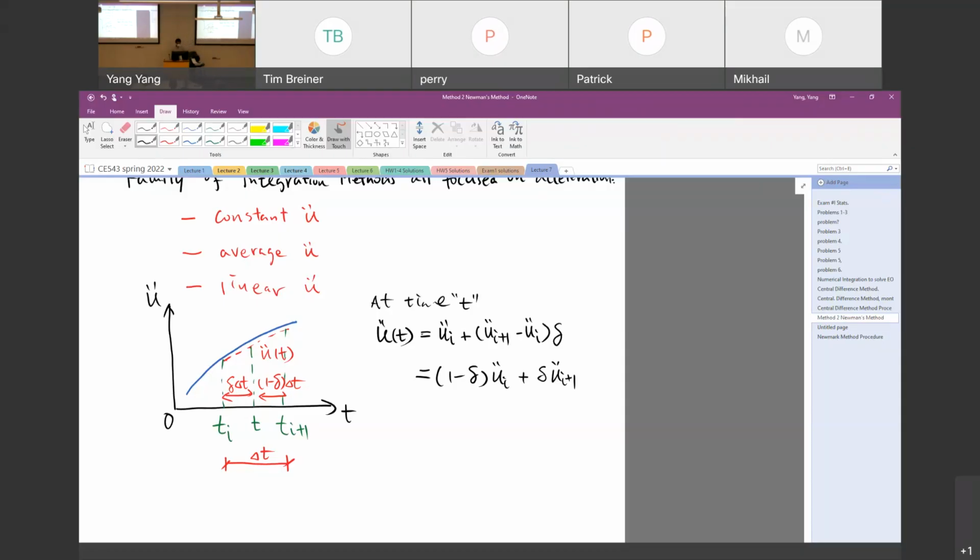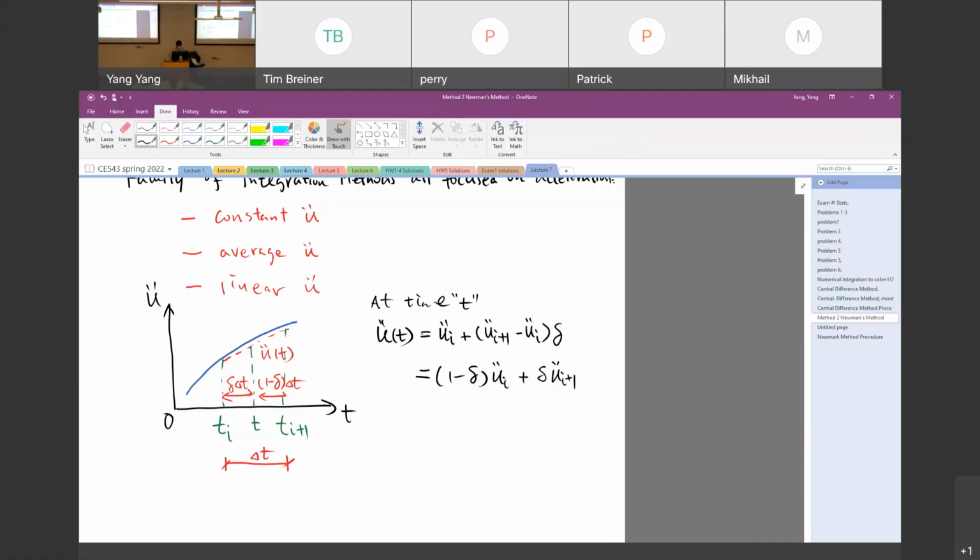So this is an approximation. The theoretical acceleration is represented by the blue line, and the acceleration expressed by this equation is approximate, represented by the dashed red line. But there is a small error there.